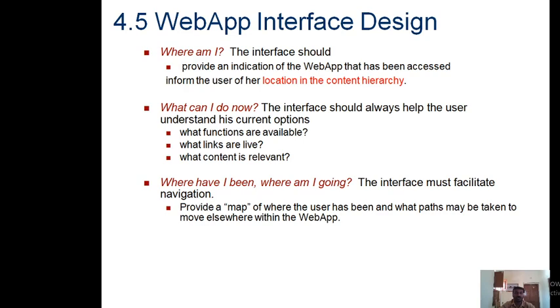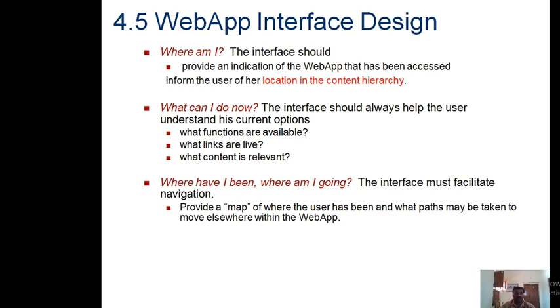The second one is: what can I do now? That means by using this interface, what can the user understand about the current options? That means what functions, what links, what contents are relevant to those operations. Everything must be provided in that interface. So the second point says that when the interface is designed, the user must easily know what he wants to do.